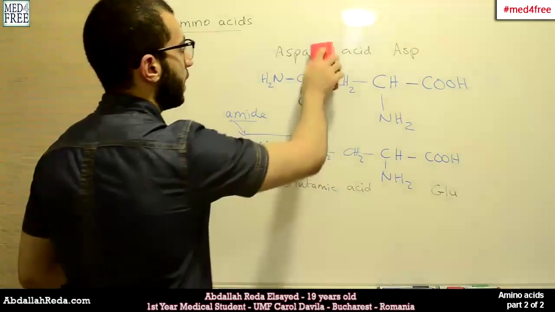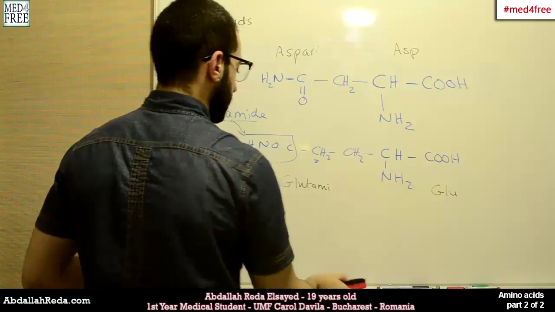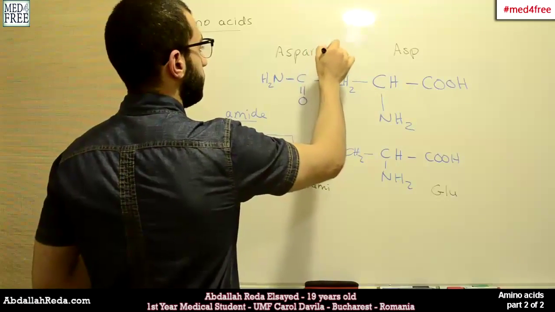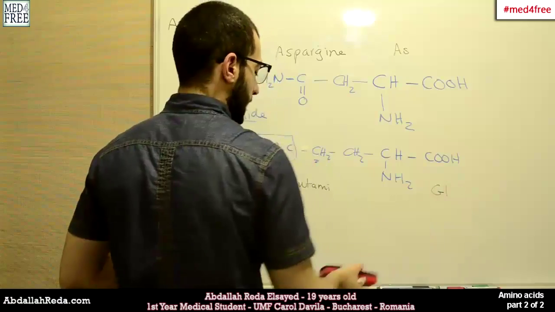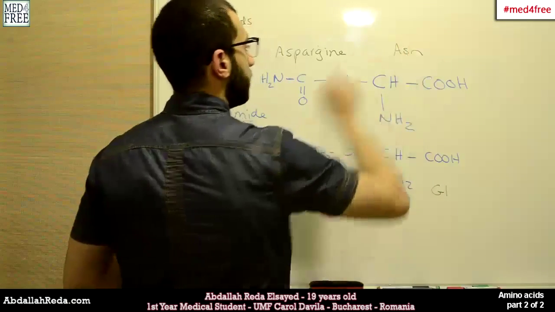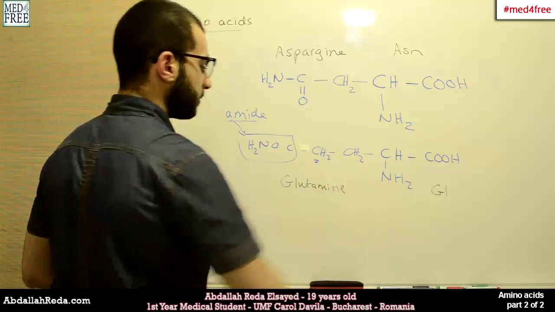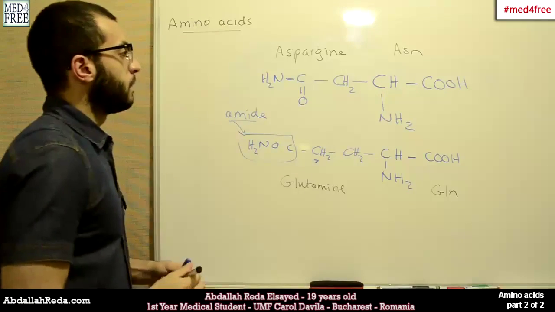So instead of being aspartic acid and glutamic acid, it becomes asparagine, abbreviated to ASN, and glutamine, abbreviated to GLN.